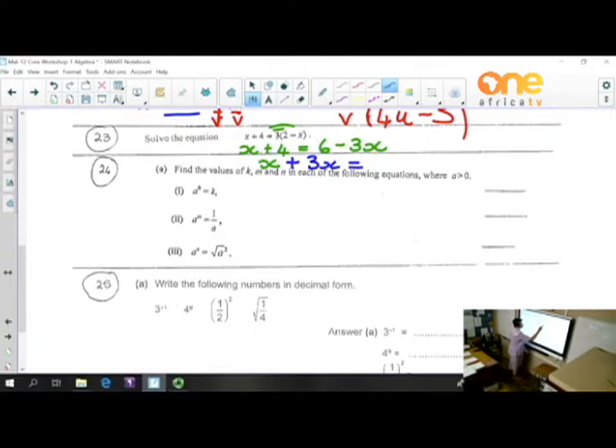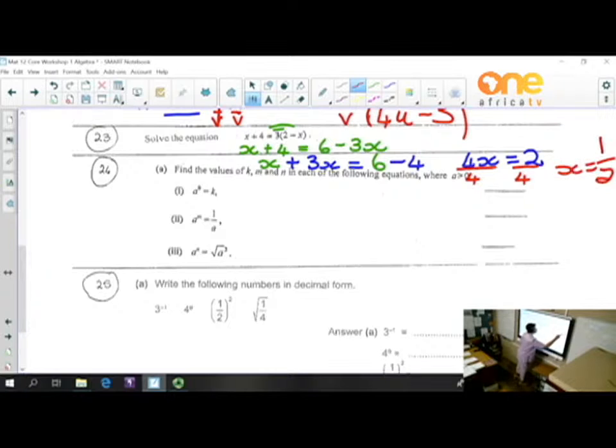Can you see? Is equal to 6. He stays there, so I don't change the sign. But this one that comes over is the one that I change. So now I have 4x is equal to 2.